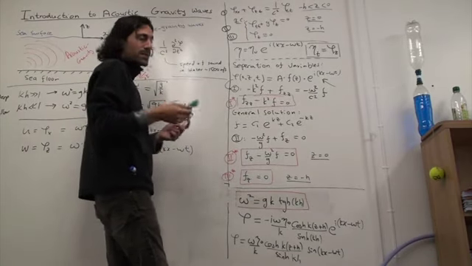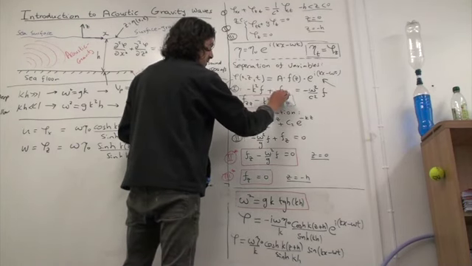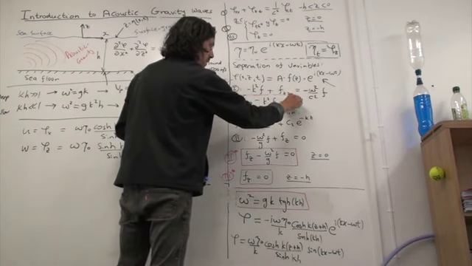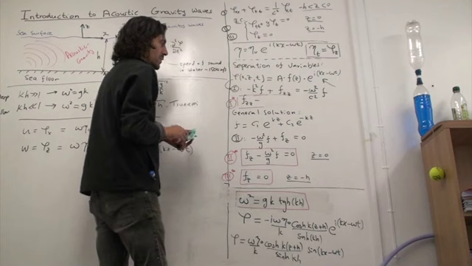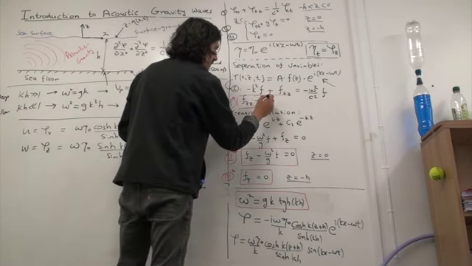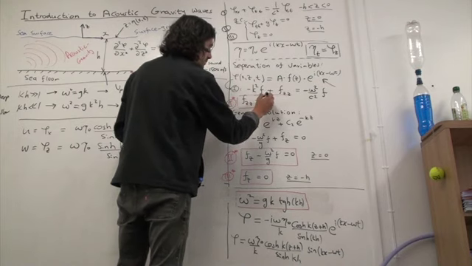So it looks like everything is quite straightforward. If I bring it here now, I'm going to write it in this way: k squared.